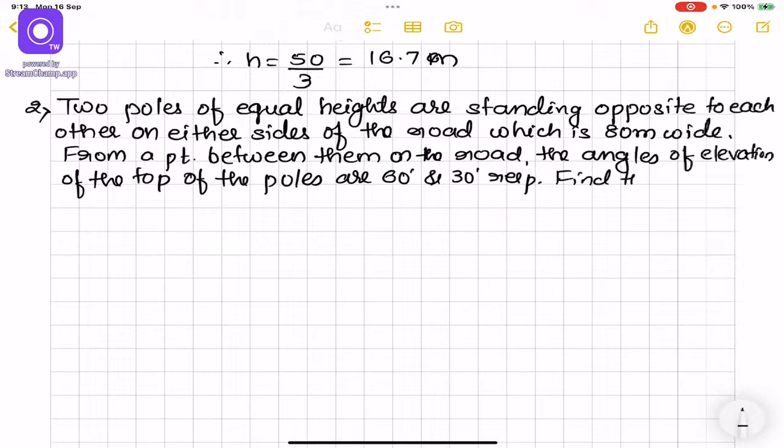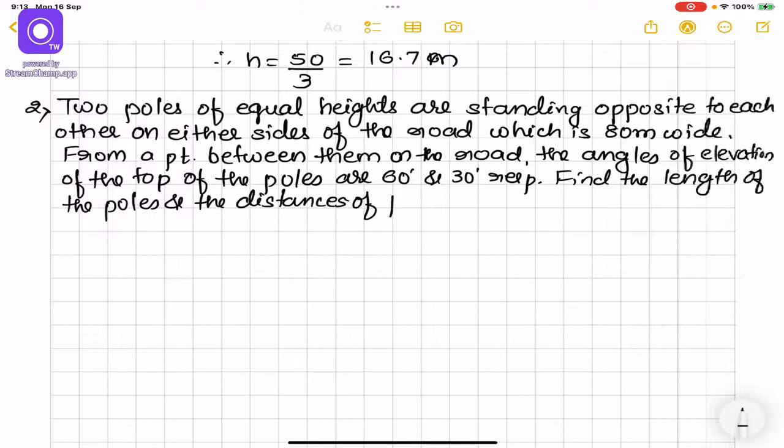Find the length of the poles and the distances of the point from the pole.